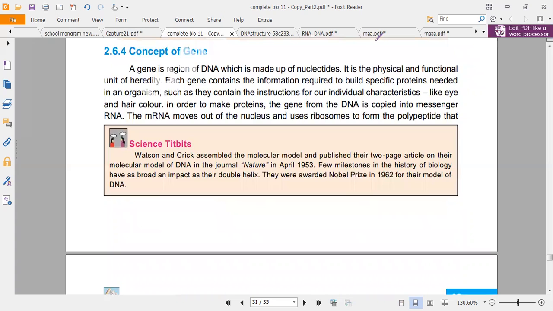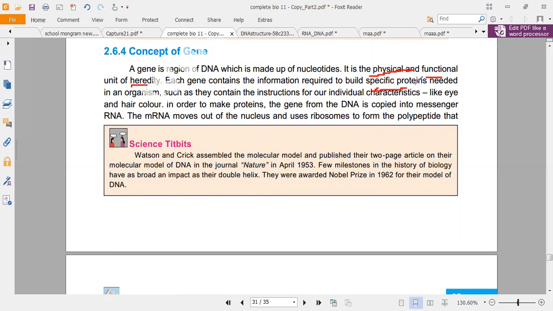We can say that a gene is the physical and functional unit of heredity. Genes transfer the information which the DNA contains from the parents to the next generation, and the information is taken to the next generation in the form of specific proteins.